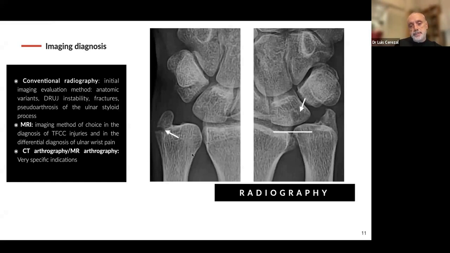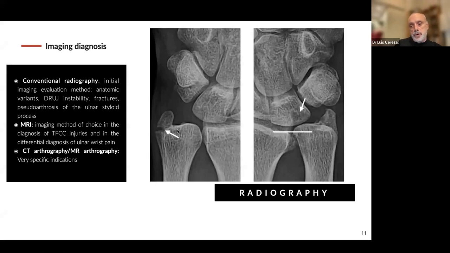We can see sometimes signs of distal radioulnar joint instability, such as joint widening or misalignment.